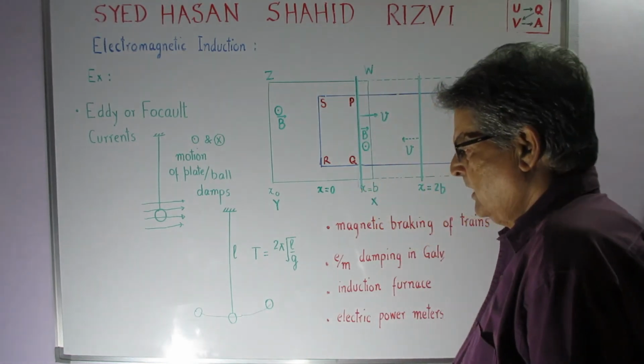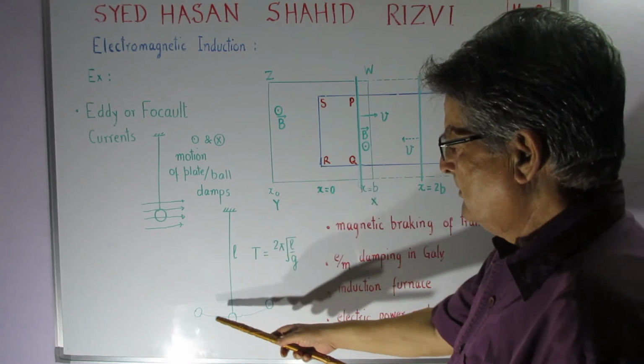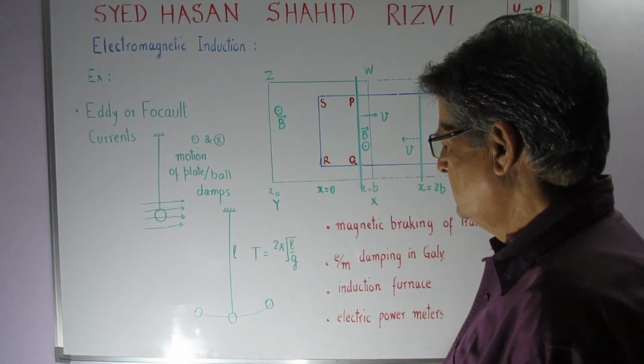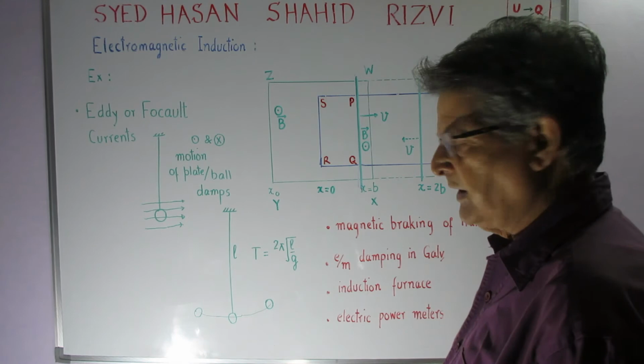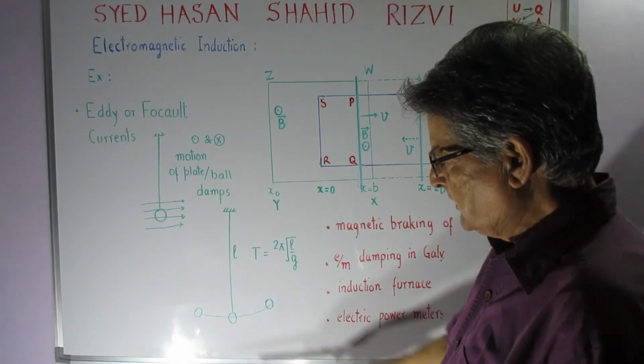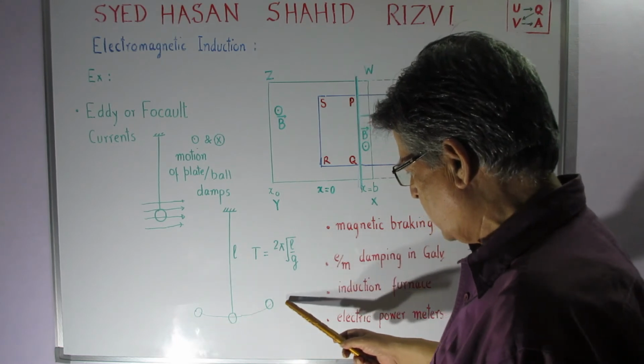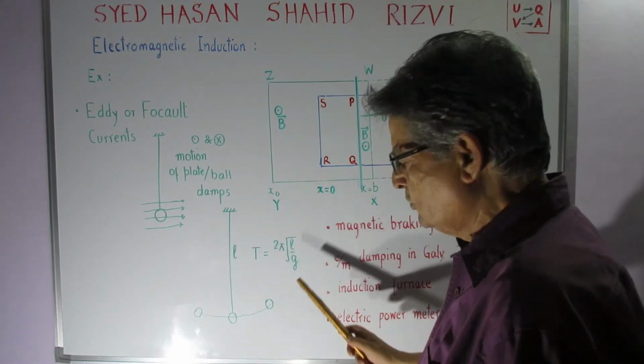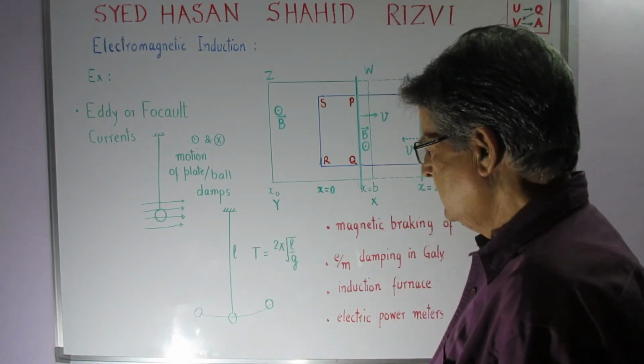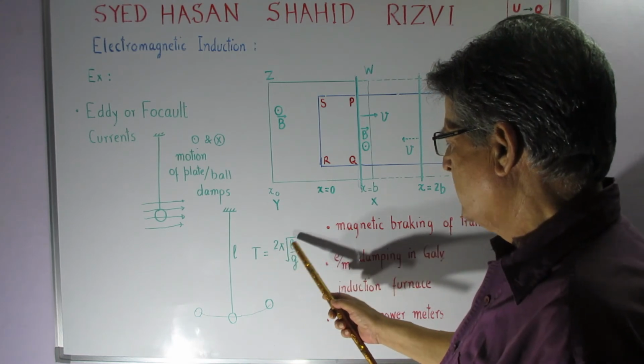Compare that to a case of a pendulum in Earth's gravitational field. You can see the pendulum goes from left to right and back, a to and fro kind of motion. And the time period is 2 pi root L over g.